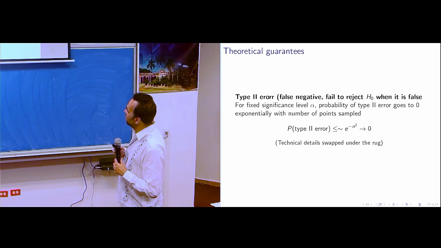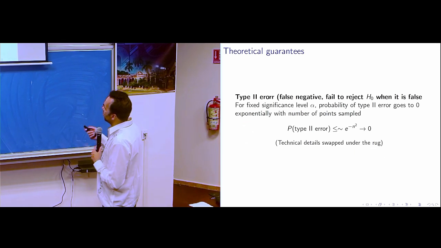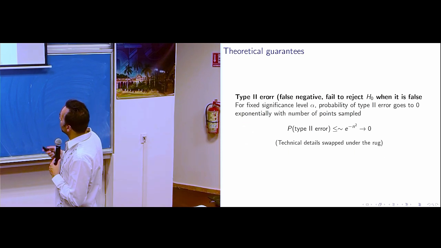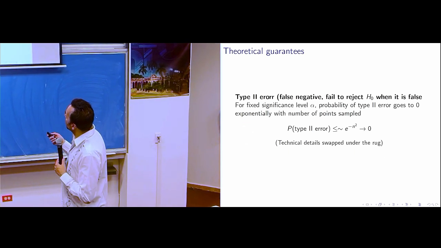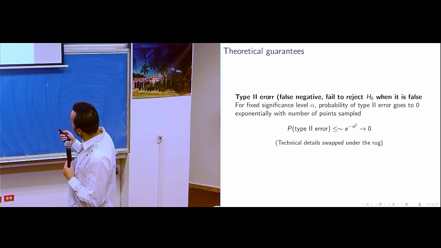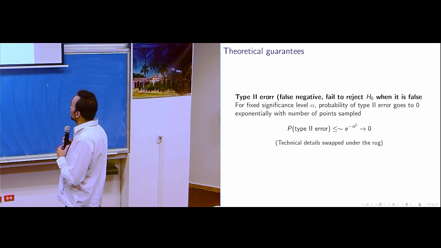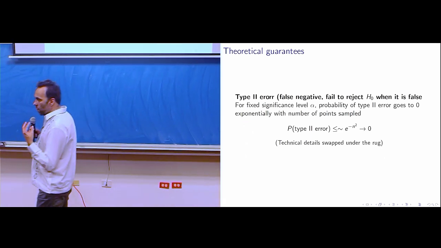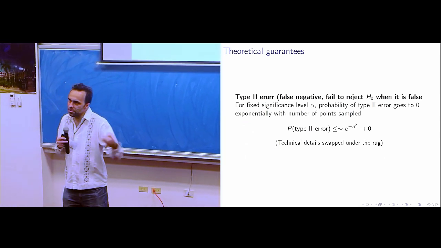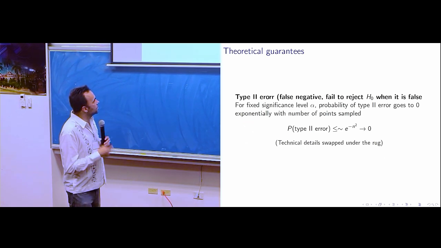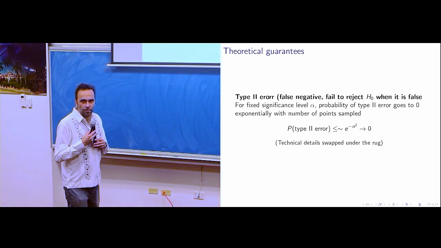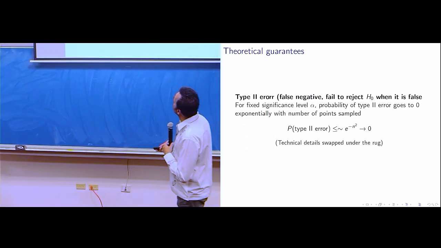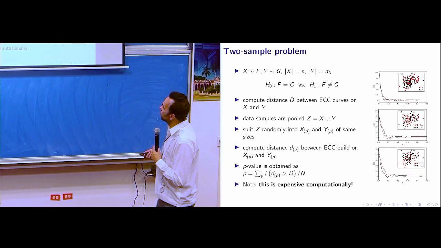So for instance, we know we can estimate the probability of type 2 error, which is for a fixed significance level, the probability that we fail to reject null hypothesis when we actually should reject it, when it is false. I mean, we want this probability to go to 0 as our sample size goes to infinity. And that's indeed the case. We have an estimate of how quickly it goes to 0 in the limit. So that's something we are able to prove.